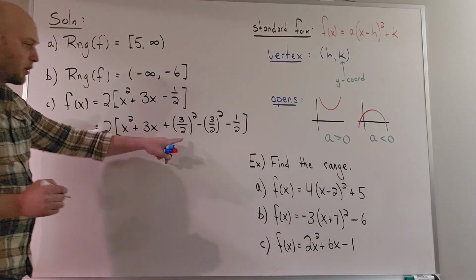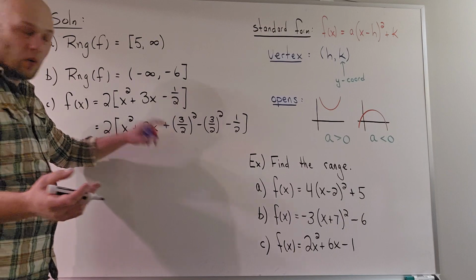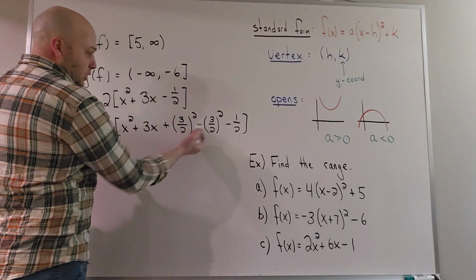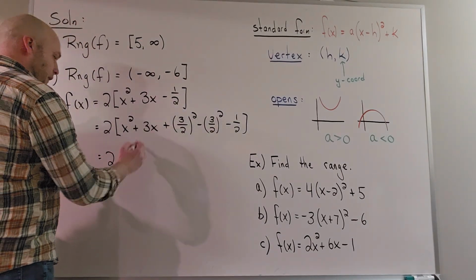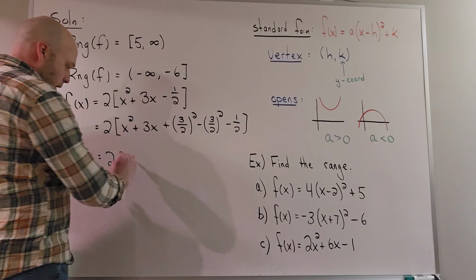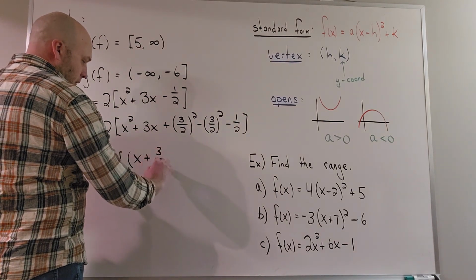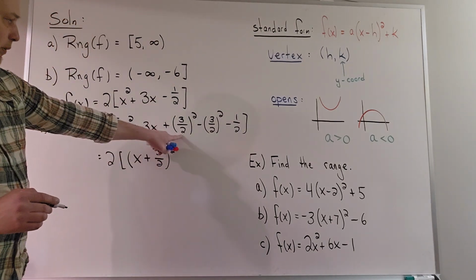So I introduce these two terms right here, which of course add to 0, so they are really keeping it balanced, but I have to choose these specific values. Then what happens is the first 3 terms factor as a perfect square, and it turns out to be x plus 3/2 squared. So this 3/2 comes from this number right here.